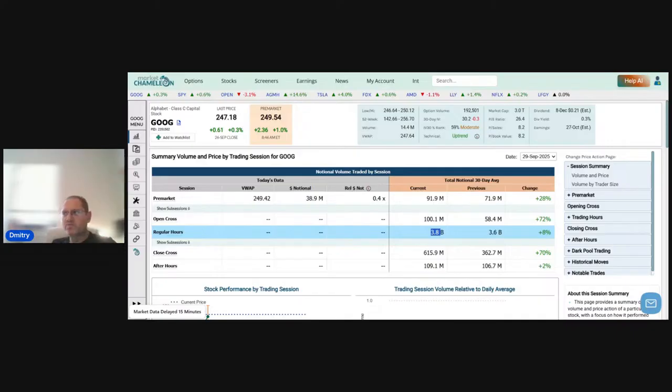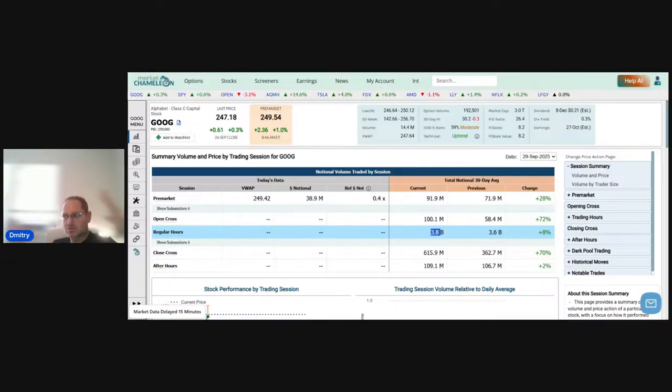Is more volume, more trading interest going into the stock, and how is the price of the stock impacting the last 30 days? So let's just say we see that there's a drift higher in Google in the last 30 days. And we might want to then confirm or see, is this supported by more money flowing in, right?